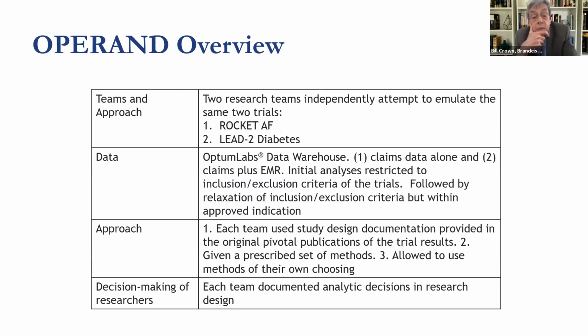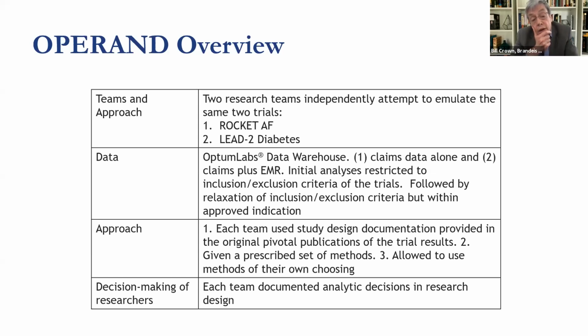One of the trials was the same as was in the RCT Duplicate results, the Rocket AF trial. We had picked that particular one because, like Sebastian pointed out, we felt that the stroke outcomes would be particularly good for being able to emulate with claims data.